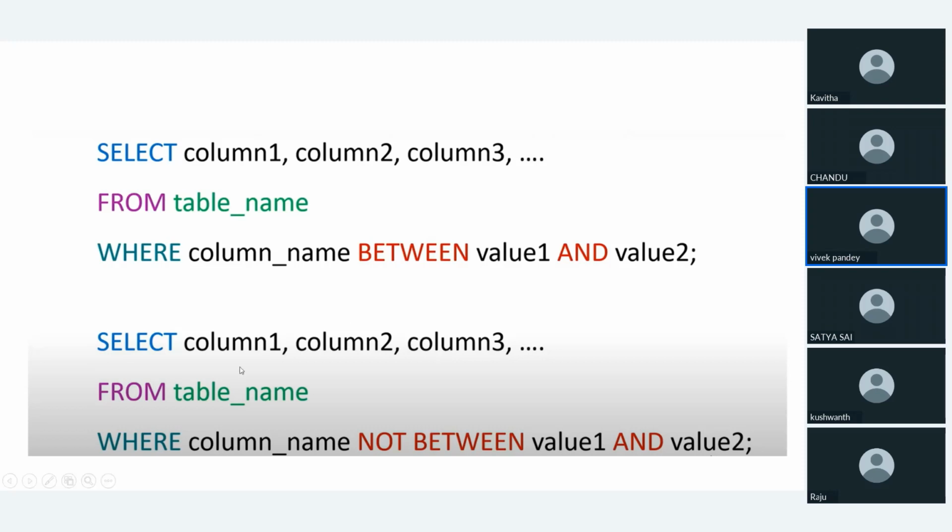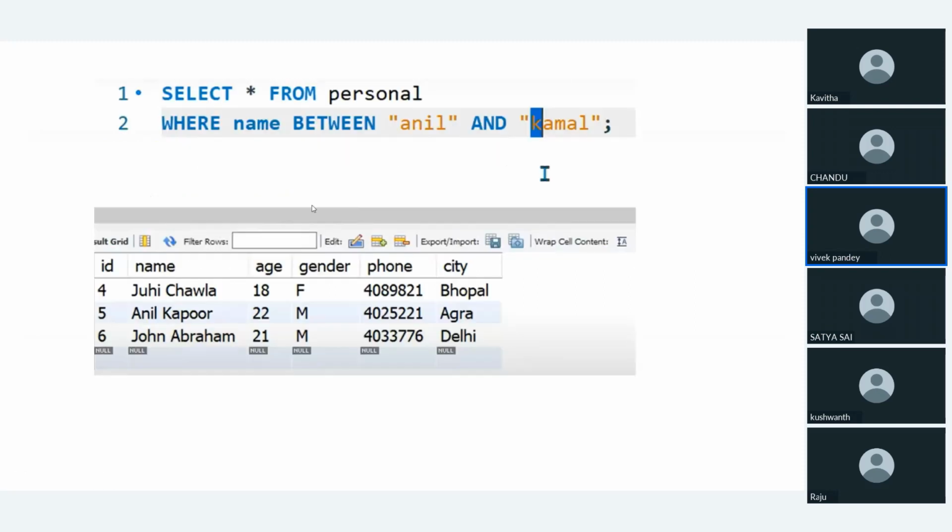This is how we use where column name between one value and another value, and here it is not between and between. Done. Now see one example. Here we have taken the example of characters, meaning strings. So we are going to take some integer ones. Let's see here.